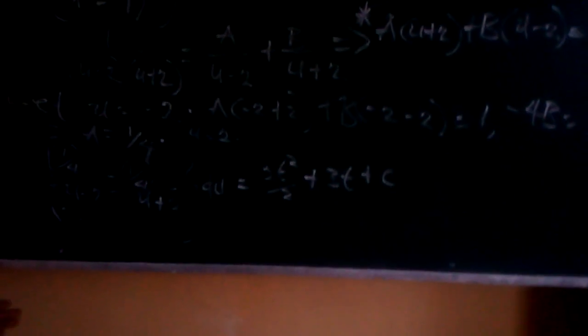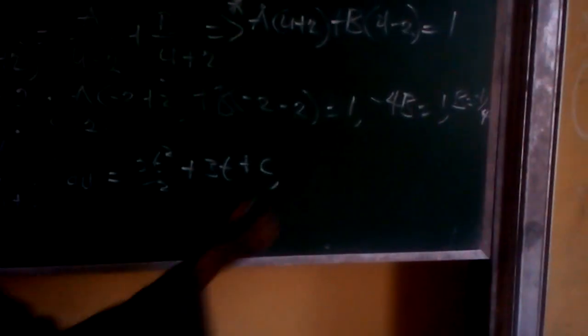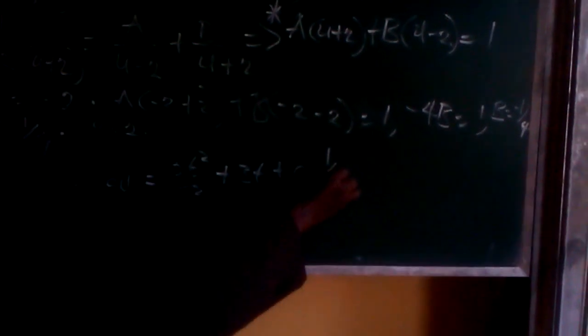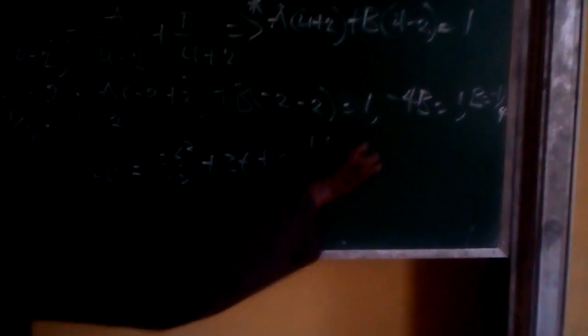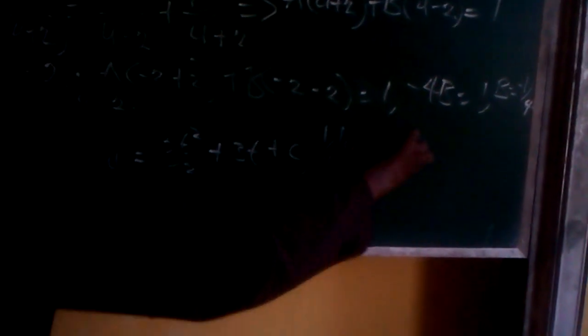Now, by virtue of the design, this relationship will now culminate into (1/4) over (u − 2), which by virtue of integration gives you (1/4) ln|u − 2|. Because if you differentiate the denominator, it gives you 1 with respect to u. Differentiate u, 1; differentiate 2, 0. So 1 is here, multiplied by 1/4 gives you 1/4.